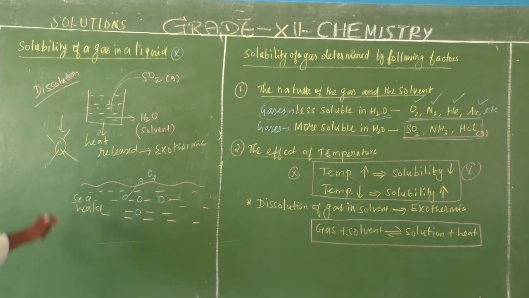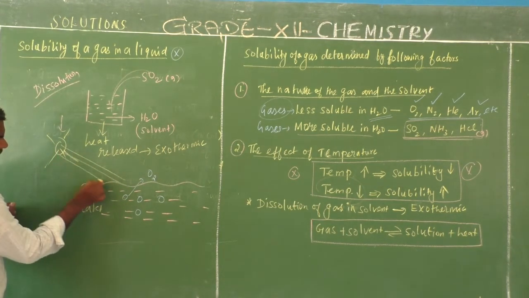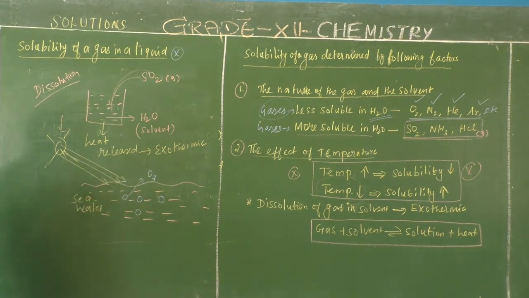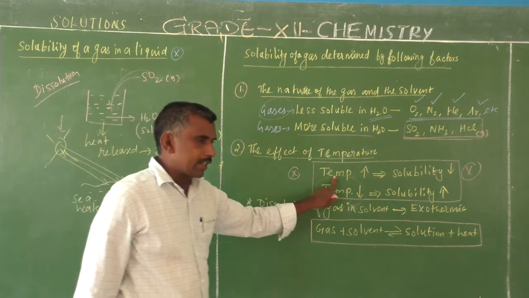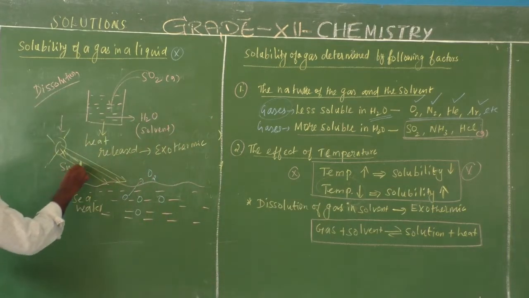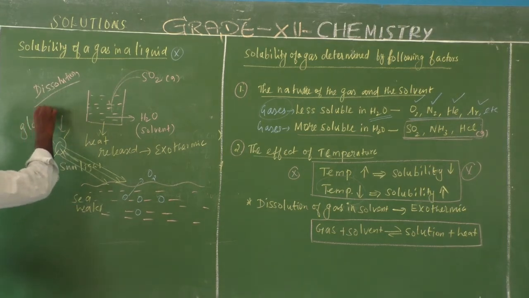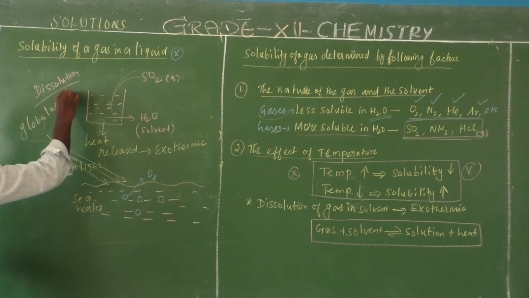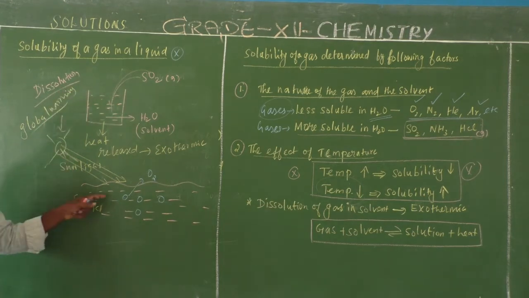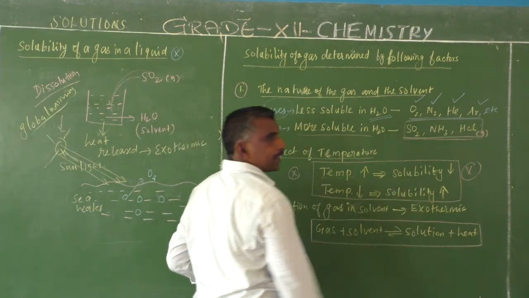In the summer season there is a lot of heat. When temperature is increasing, there is maximum sunlight. In the summer season, or with global warming, a maximum amount of heat is found. So temperature increasing, solubility decreasing.